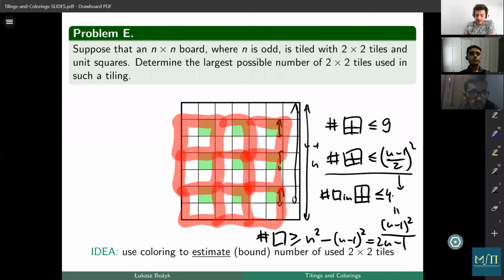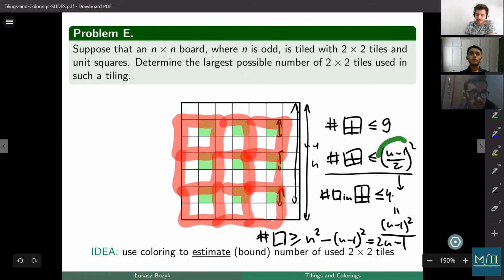Knowing that each 2 by 2 contains exactly 1 green, we know that the number of 2 by 2s placed on the board cannot be larger than this, because they don't overlap according to our tiling criteria.